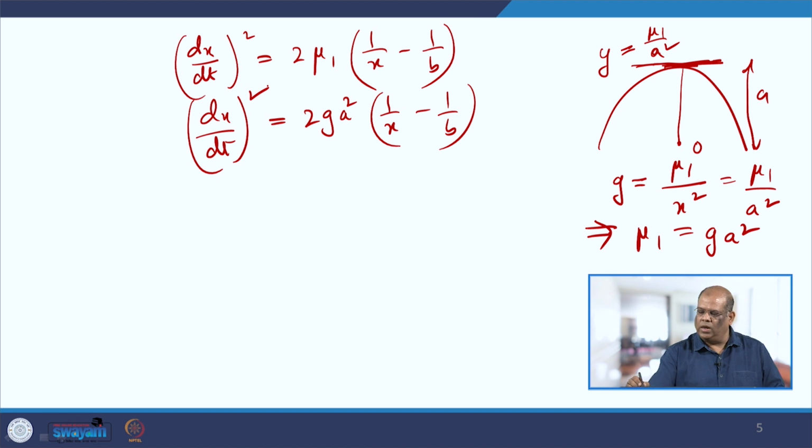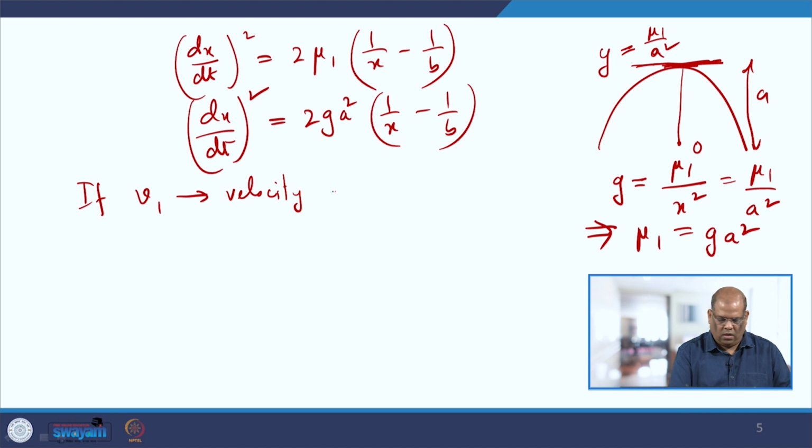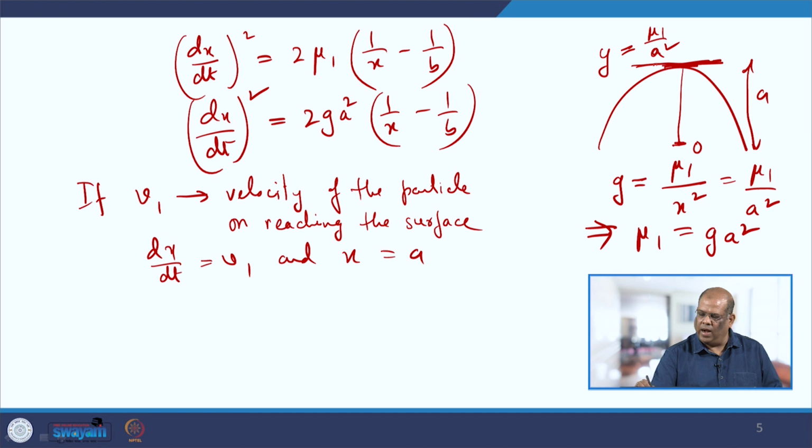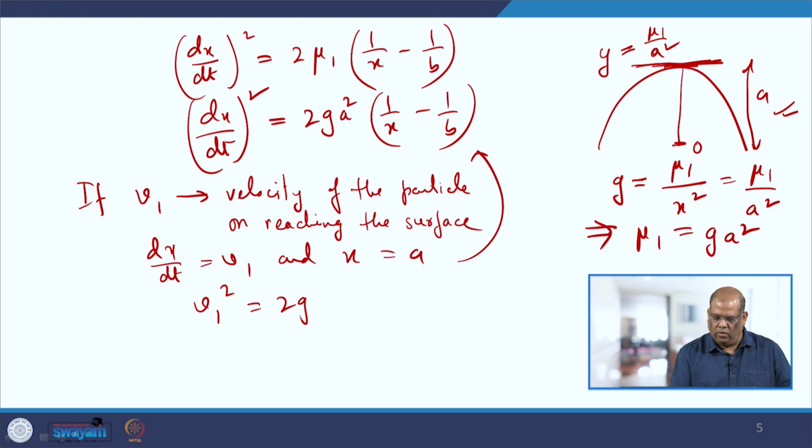Now, if I want to find the velocity of this particle on the surface, then I say that if v1 is the velocity of the particle on reaching the surface, then I get dx/dt equal to v1 and x is equal to a, because x is measured from the center O. So, I substitute it here and I get v1² equal to 2ga² (1/a minus 1/b). I can simplify this a little: 2ga, putting one a inside, it is (1 minus a/b).